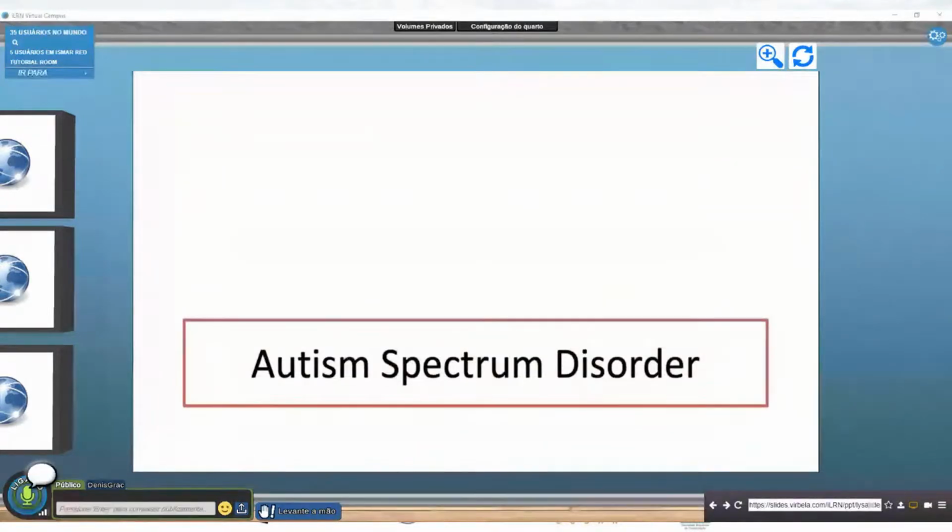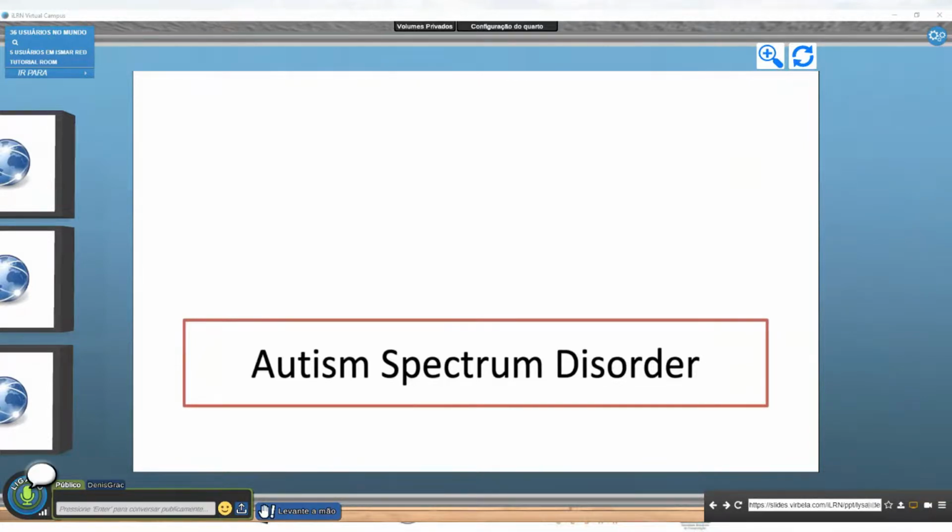The last example has to do with autism spectrum disorder. It's actually a relatively old study, maybe 4 or 5 years, probably 4 years ago.